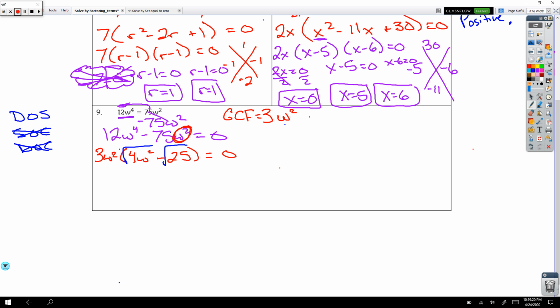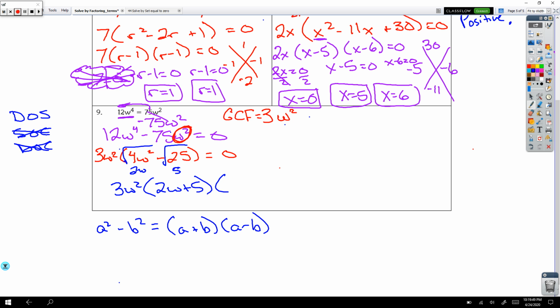So square root, that leaves me with 2w and 5. So remember, difference of squares, a squared minus b squared, right? I do the square roots, and I get a and b. So I would have a plus b, a minus b, right? It follows that pattern. So for number 9, my a is 2w and my b is 5. So my factors: GCF, and then I would have 2w plus 5 and 2w minus 5.